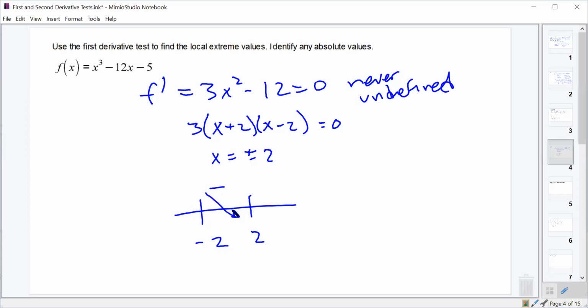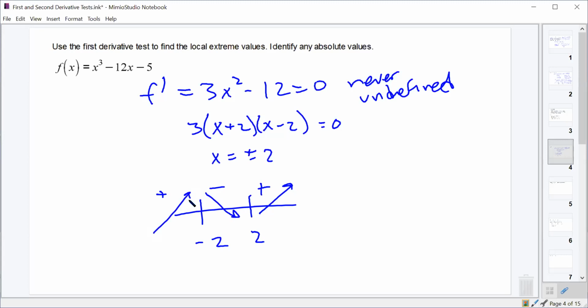Plug in something more than 2, like 1,000, and what do we get? Positive, so it's increasing. And plug in something less than negative 2, like negative 1,000, and what do we get? Positive. We get another positive.